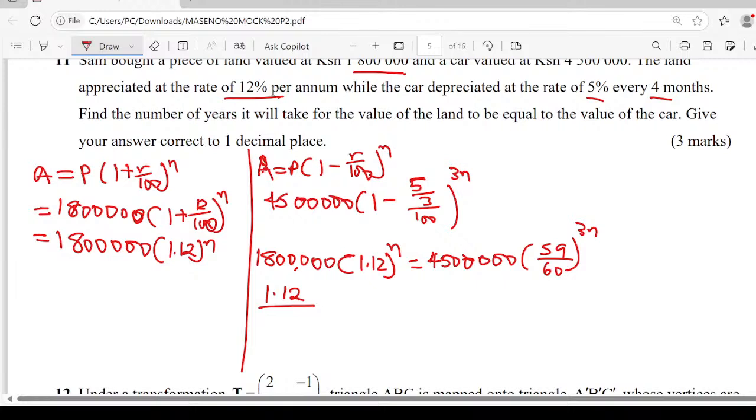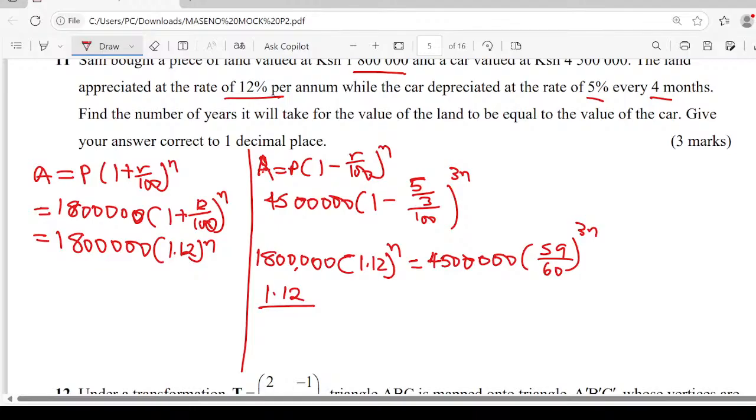When you have 59 over 60, that is just like saying 0 point, but did I do it right? 5%. So it was 5. I divided it by 3. Let me check my calculator once again. That will be 5 divided by 3. Then you divide this now by 100. Then you take 1 less that answer.